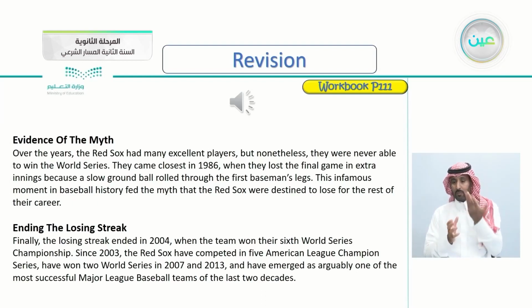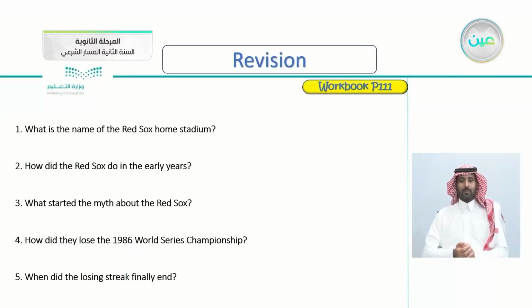Since 2003, the Red Sox have competed in 5 American League Champion Series, have won 2 World Series in 2007 and 2013, and have emerged as arguably one of the most successful Major League Baseball teams of the last 2 decades. So now that we have listened to the article, let's answer some questions about the article here.